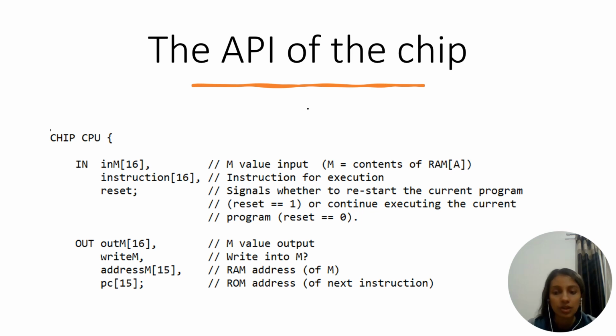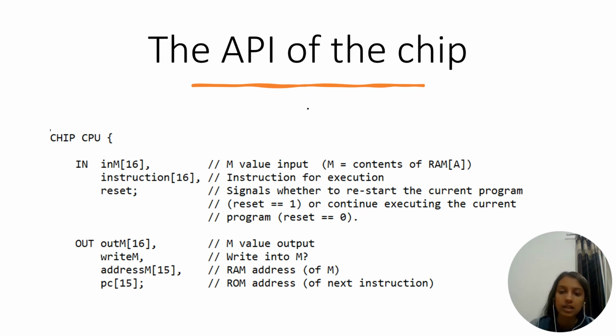So let's talk about the API of the chip. We have already discussed it, but with the diagram. The input pins of the CPU are inM, instruction and reset, and the output is outM, which is the output of the ALU. WriteM is to load. If it is 1, it will store the output of the ALU in data memory.